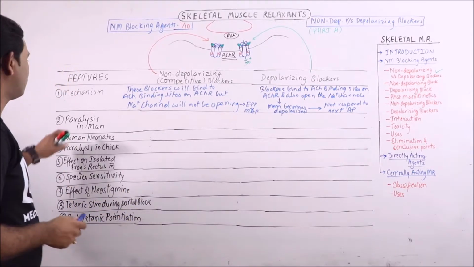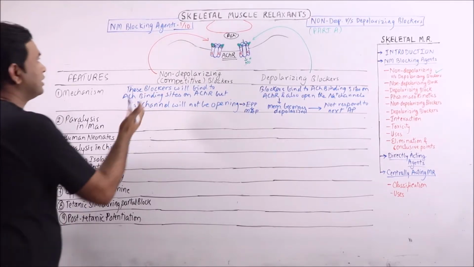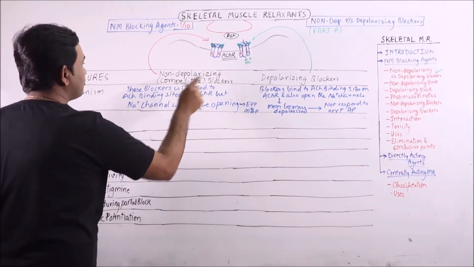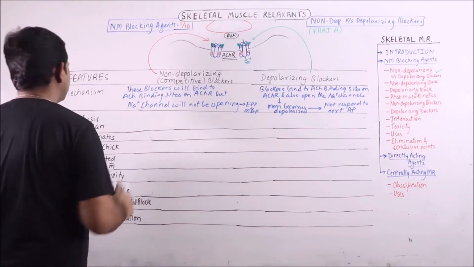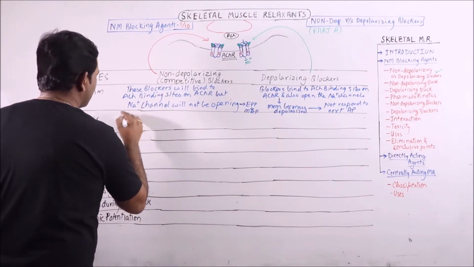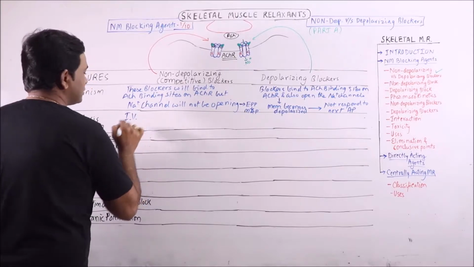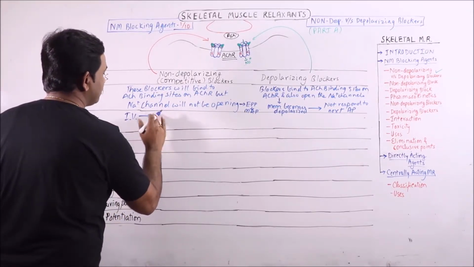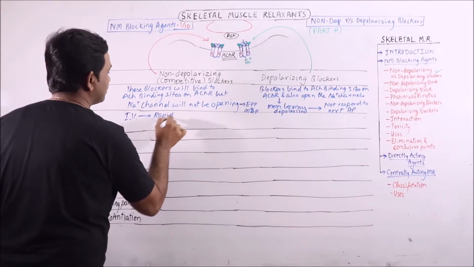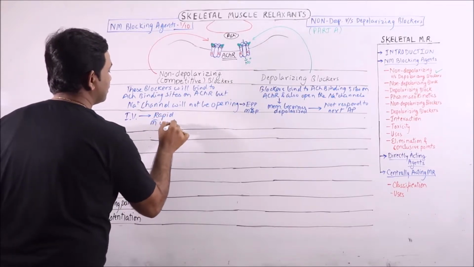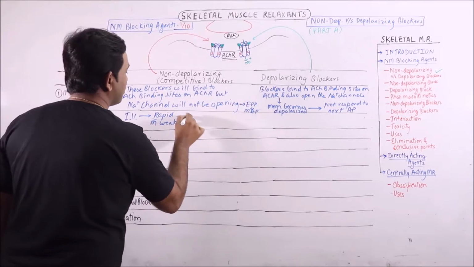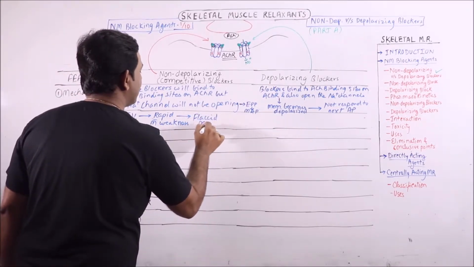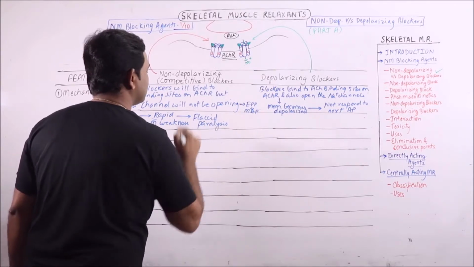Now, which type of paralysis is produced in man when neuromuscular blocking agents of non-depolarizing or competitive type come in action? As soon as IV is given, rapid muscle weakness is there, followed by flaccid paralysis.